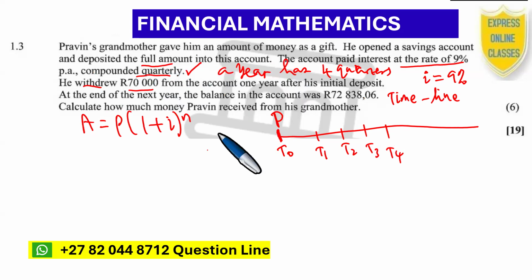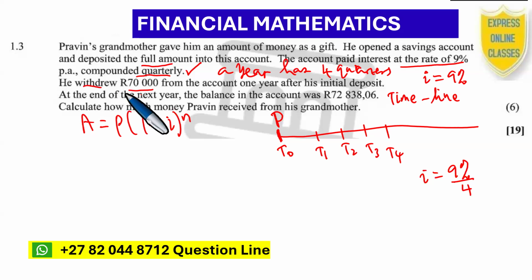He does not even remove 1 cent from the money, but the full amount. And the account paid interest at the rate of 9% per annum compounded quarterly. So this became 9%, and obviously we're going to divide it by 4.